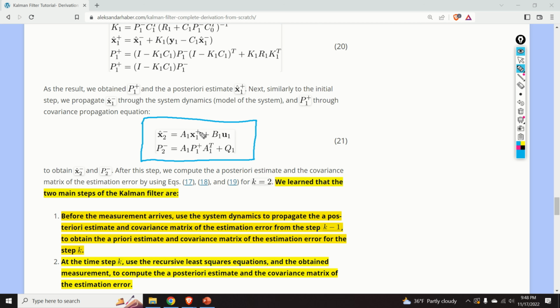We propagate the a posteriori estimate to compute the a priori estimate for the next time instant, which in this case is equal to 2. Similarly, we propagate the a posteriori covariance matrix of the estimation error to compute the a priori covariance matrix for the next time step.